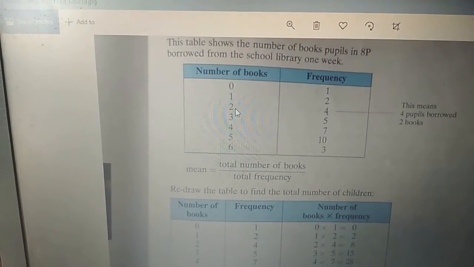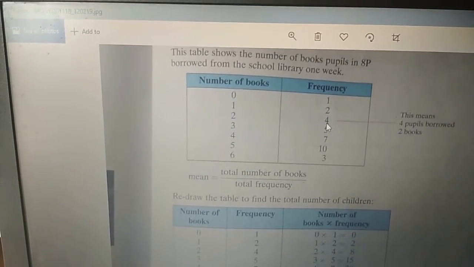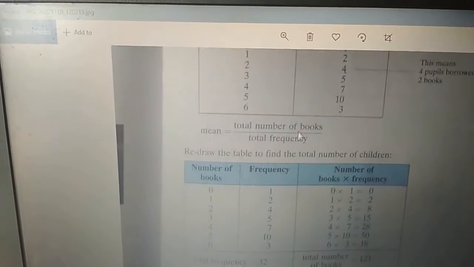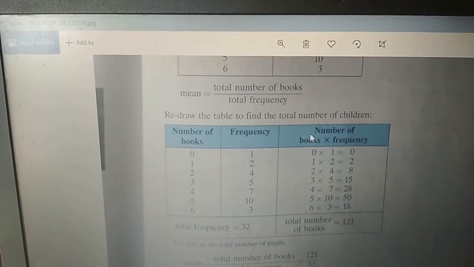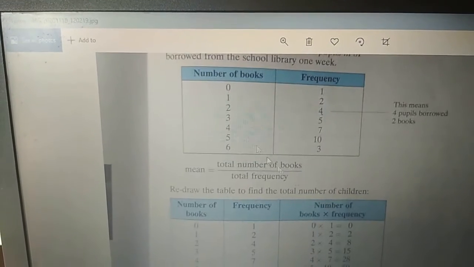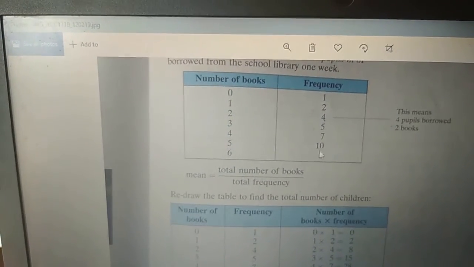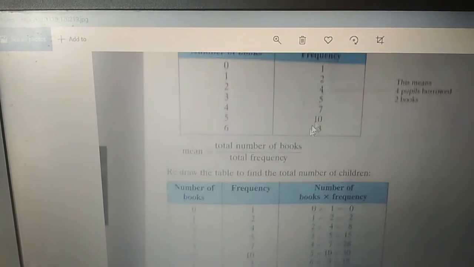Here, with 2 books, it was borrowed by 4 people. But now we will find the total number of books by multiplying the number of books with the frequency. These are the numbers of books and these are the frequencies, how many times those books were borrowed by the students.